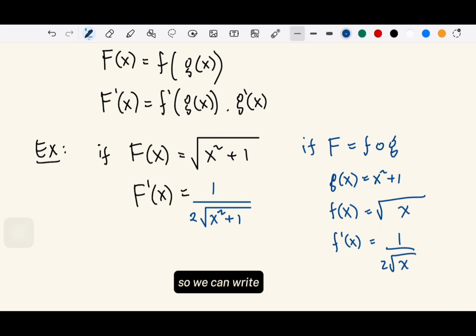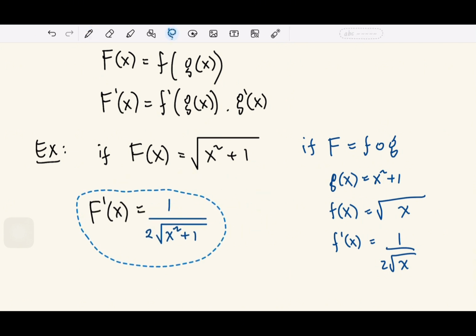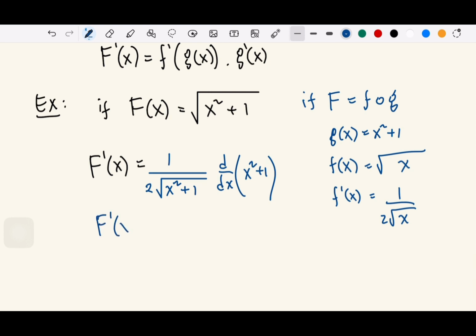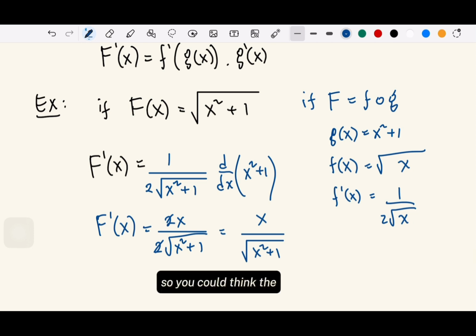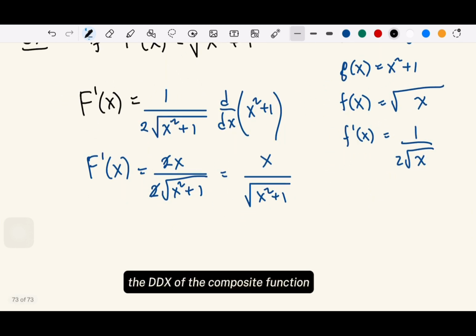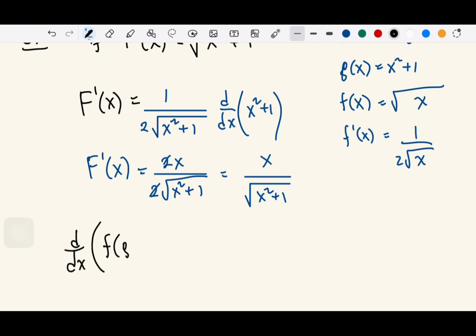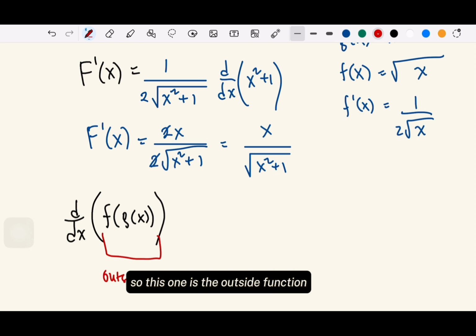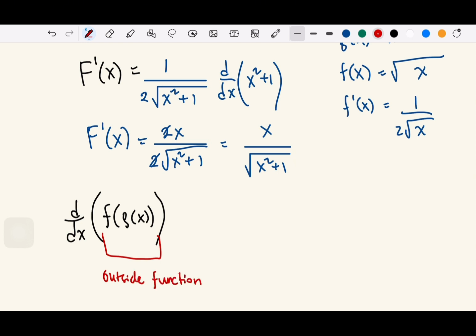So we can write it like this. You could think of d/dx of the composite function: this one is the outside function, and this is the inside.